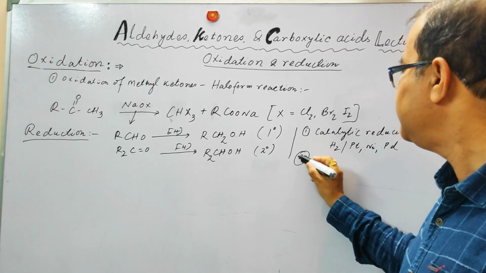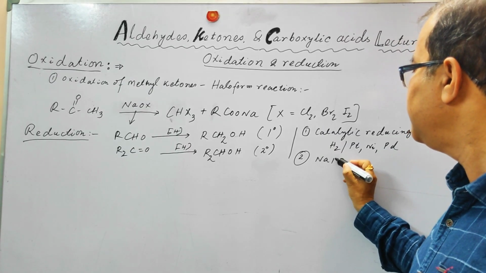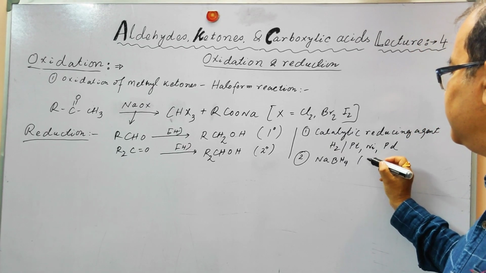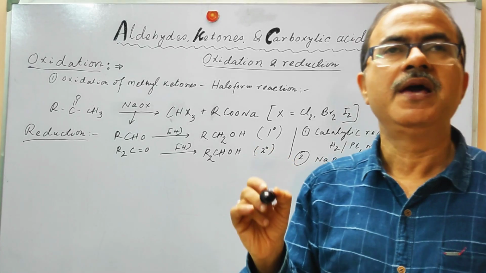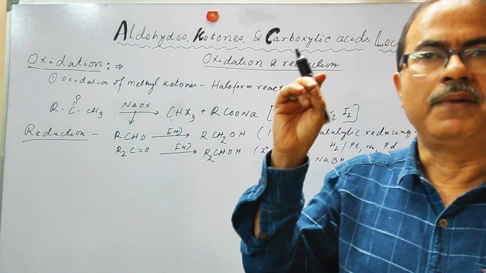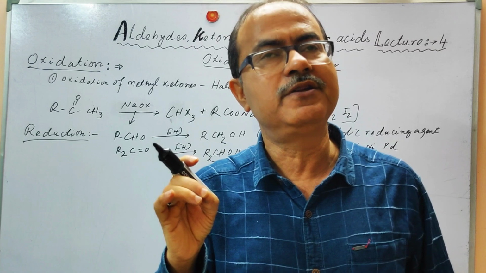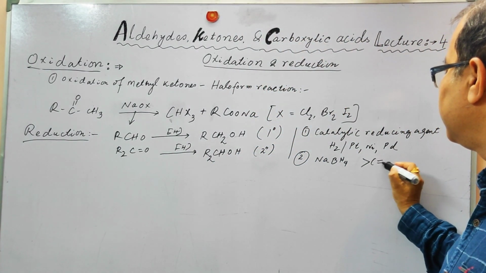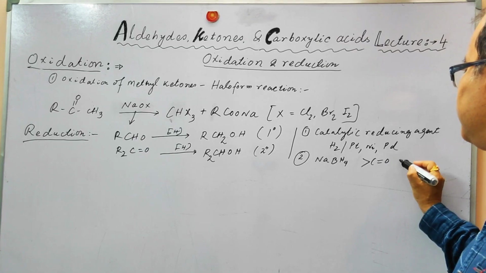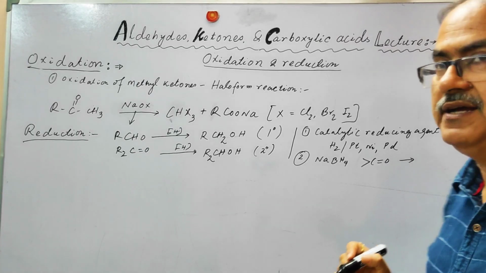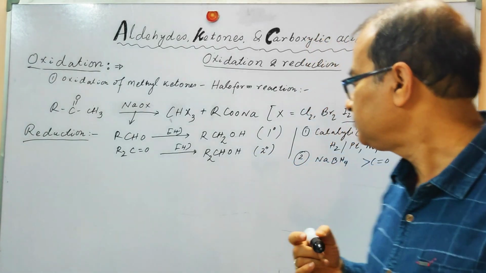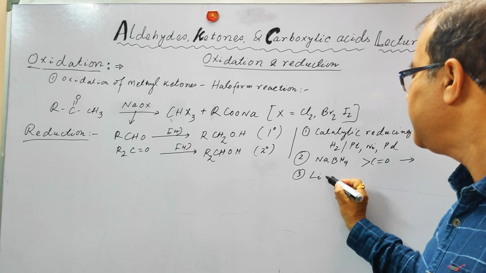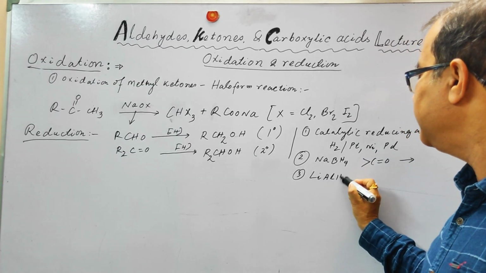The second reducing agent is NaBH4. NaBH4 is nothing but sodium borohydride, and this is a very mild, very good reducing agent, and it will easily convert the carbonyl carbon atom into alcohol. The third reducing agent, which is very important, is the versatile lithium aluminum hydride.